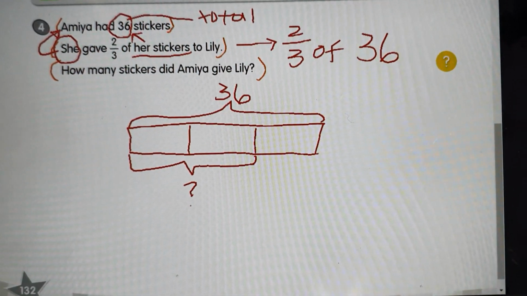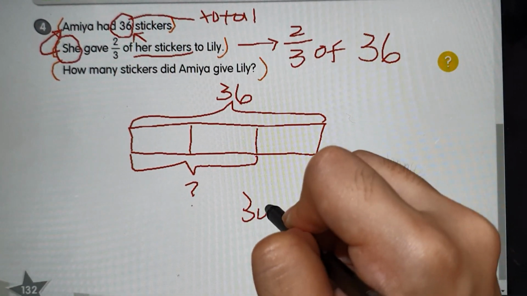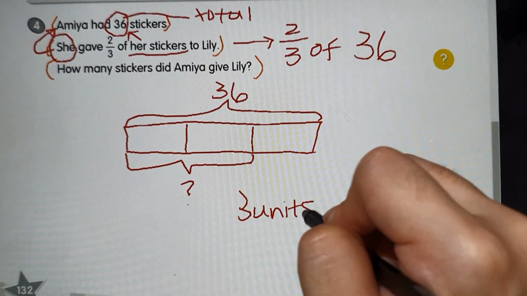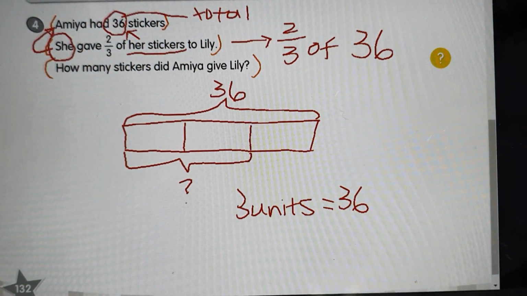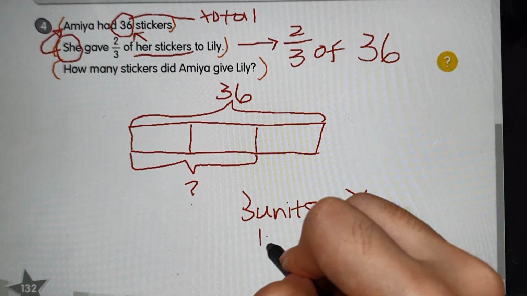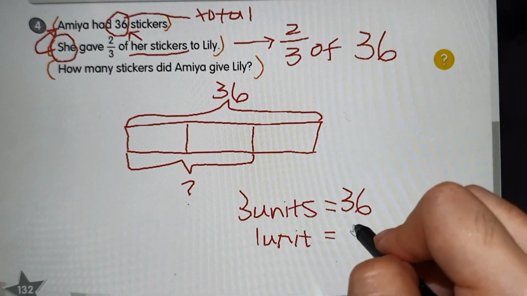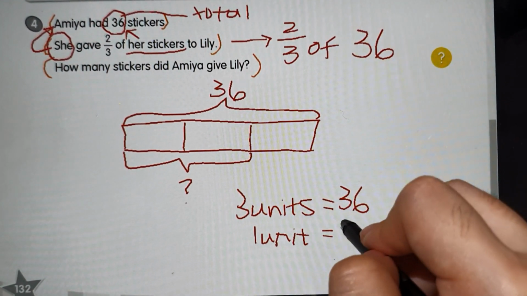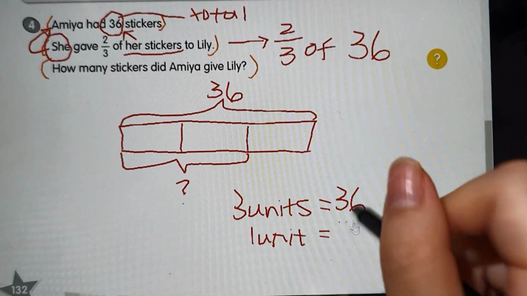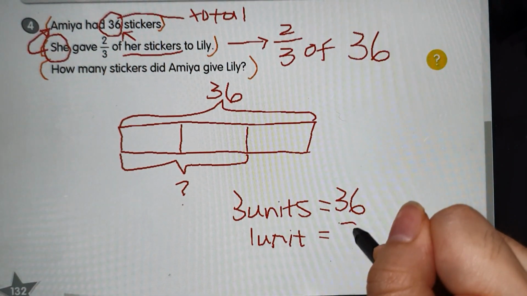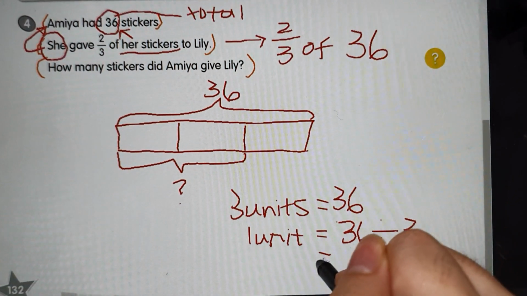So based on the model, it's very clear that 3 units gives you 36. And if 3 units represents 36, 1 unit is simply just 36 divided by 3, which will give you 12.